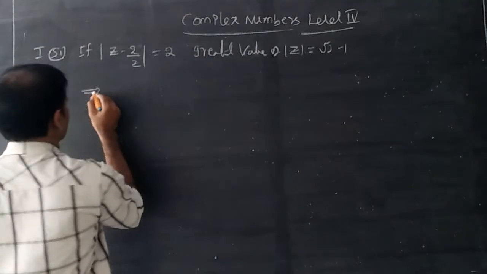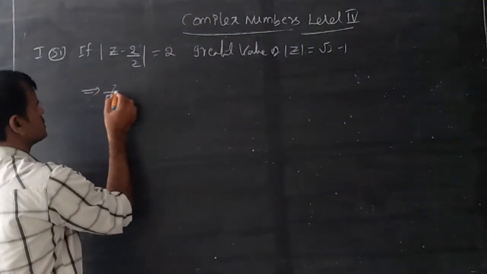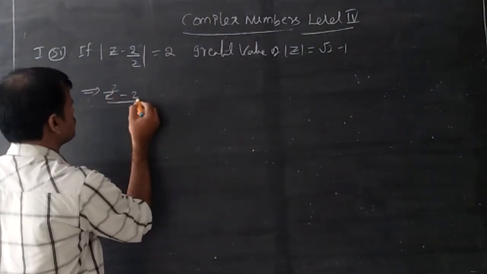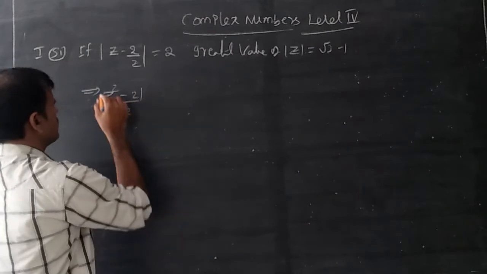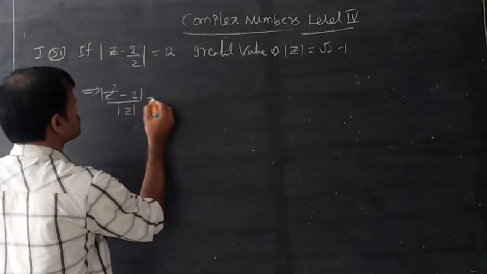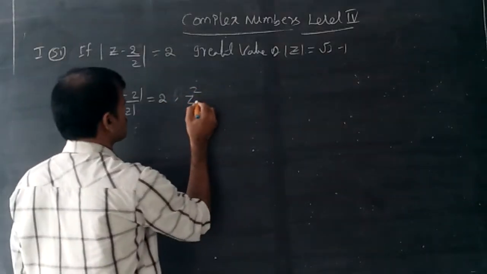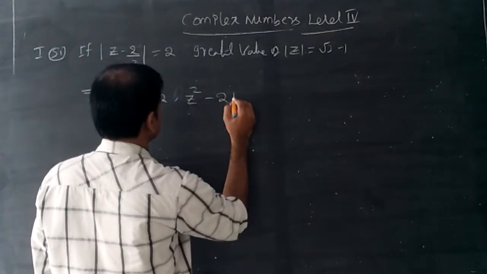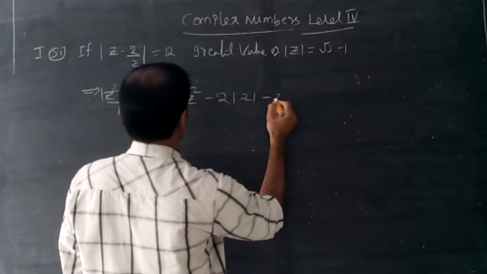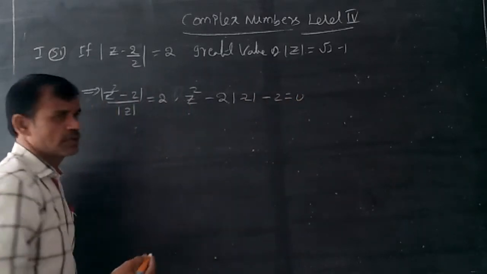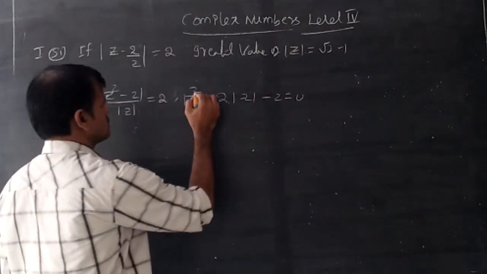Now consider like this. This is z square minus 2 by mod z. Modulus of z square minus 2 by mod z is equal to 2. Take cross multiplication and write like this: z square minus 2 mod z minus 2 is equal to 0. Of course, this is z.